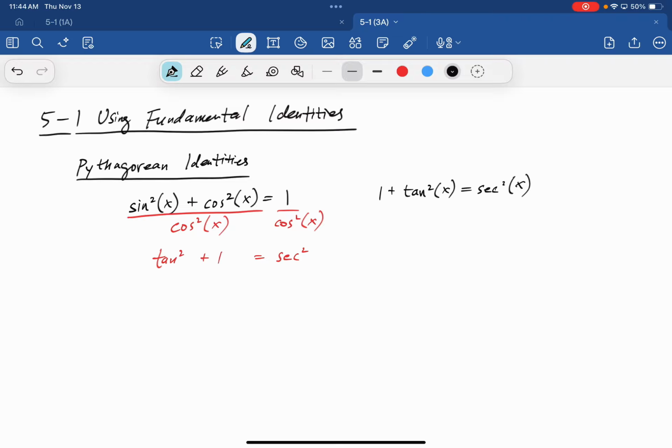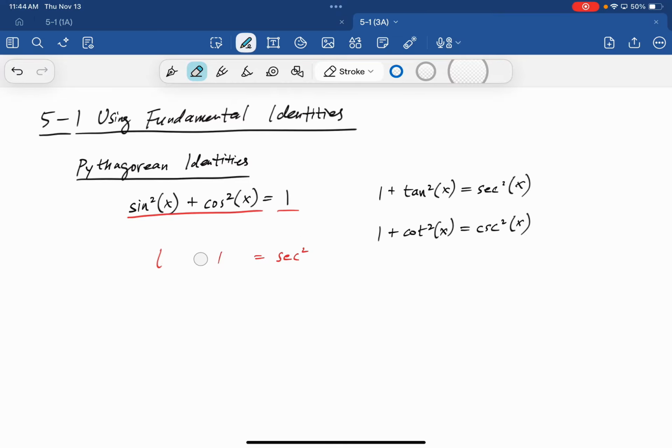The third Pythagorean identity is very similar. It's 1 plus cotangent squared equals cosecant squared. This can be derived in the exact same way, except now we divide both sides by sine squared, which makes the left side become 1 plus cotangent squared, and the right side becomes cosecant squared.